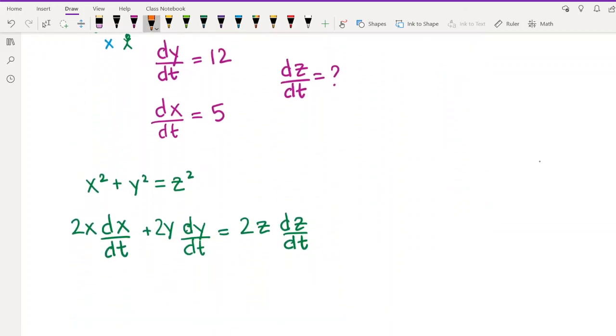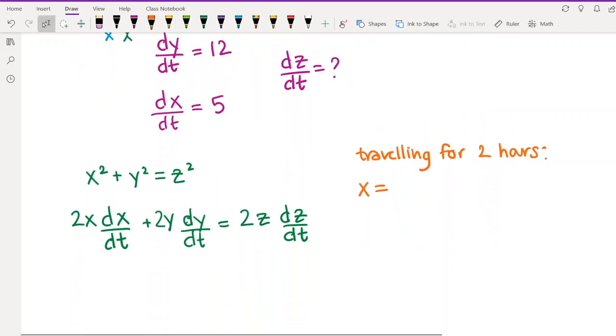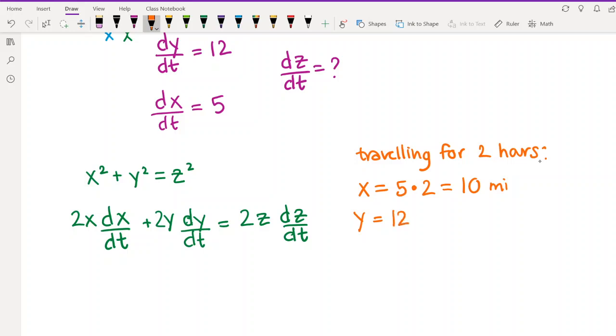So basically, because they've been traveling for 2 hours, that tells us that x is the distance that the walker has traveled, right? And they're traveling at 5 miles per hour, so they have traveled 10 miles. And then y is the distance that the cyclist has traveled, and they're traveling at 12 miles per hour.